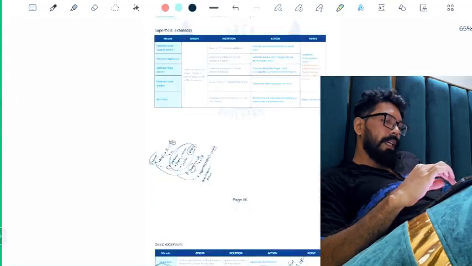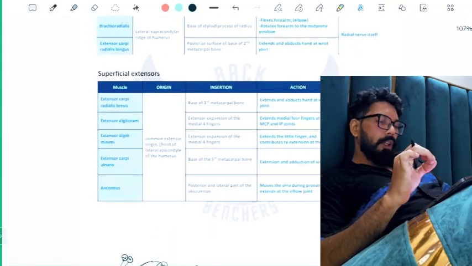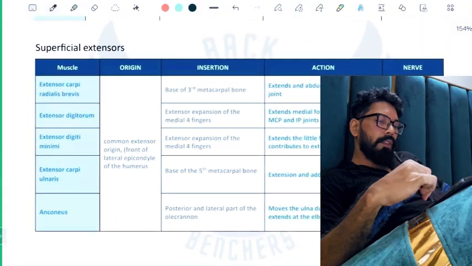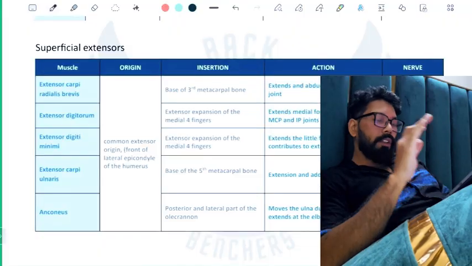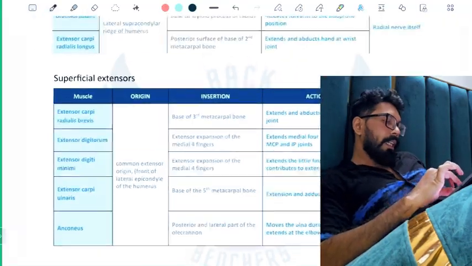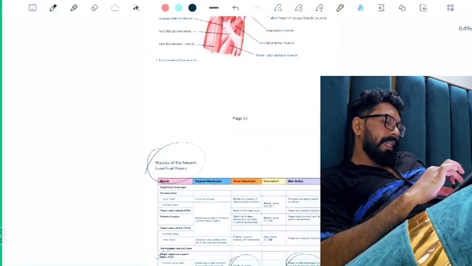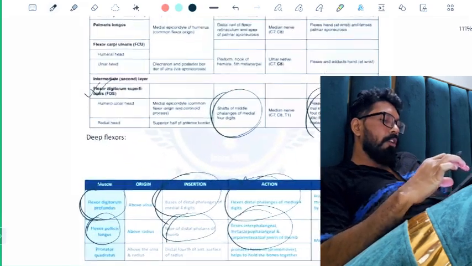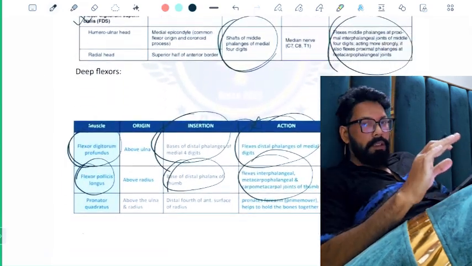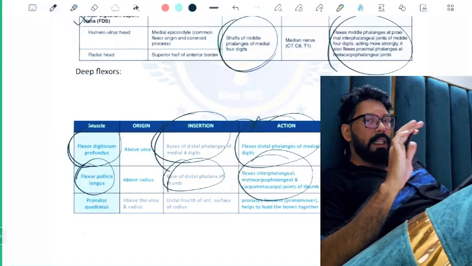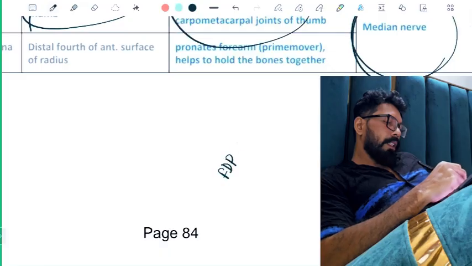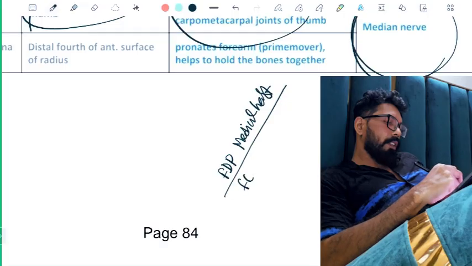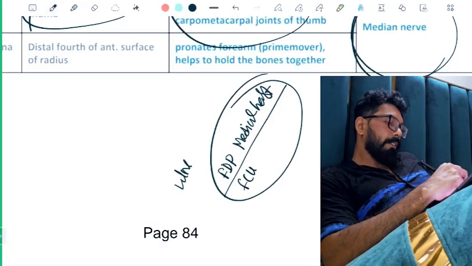So only these three. And about nerve supply, I'm talking about it, don't worry. But here you need to know that the posterior interosseous nerve supplies almost all the extensors. All the wrist extensors and finger extensors are supplied by the posterior interosseous nerve. Like flexors, all the long flexors are supplied by the median nerve, except FDP medial half and flexor carpi ulnaris, supplied by the ulnar nerve.